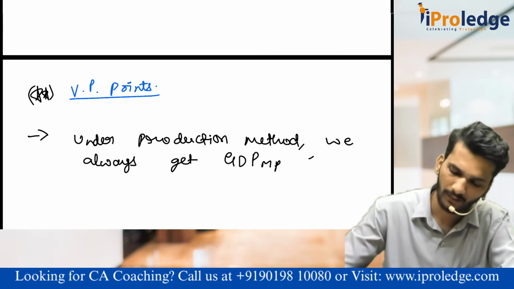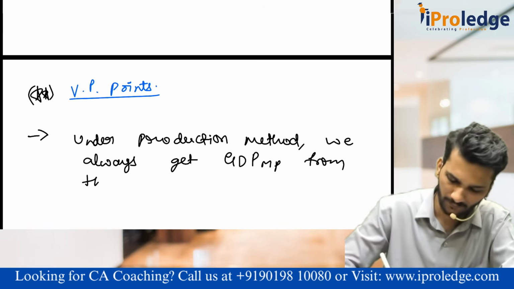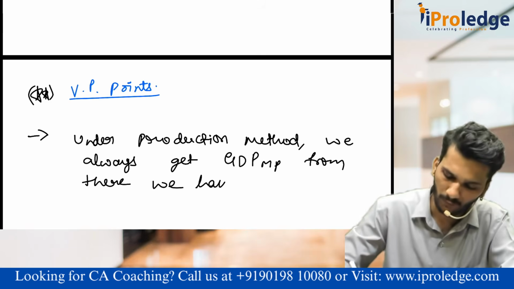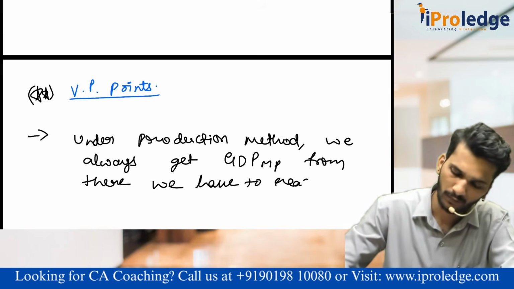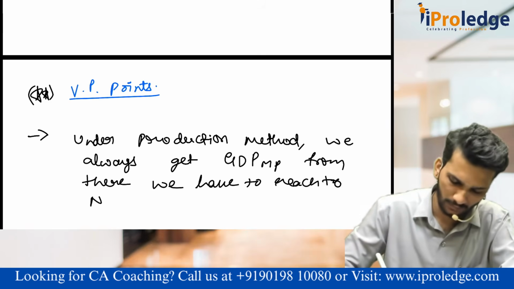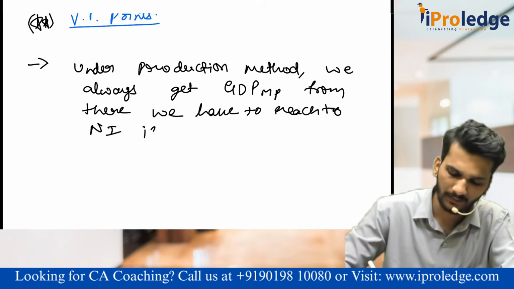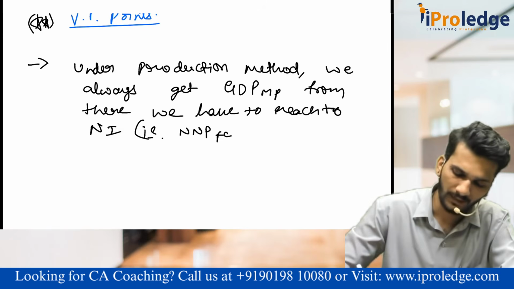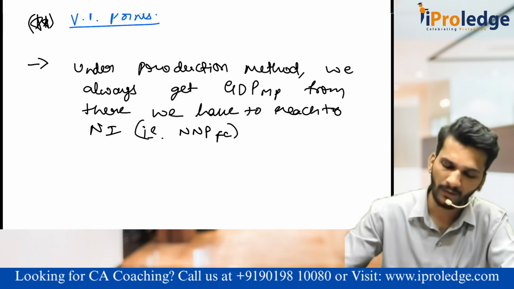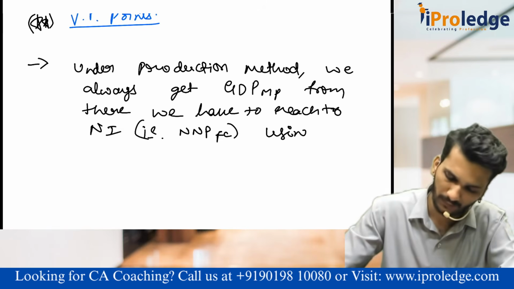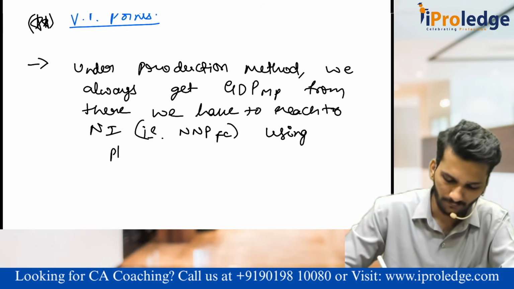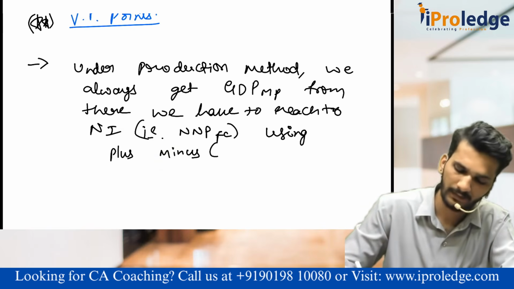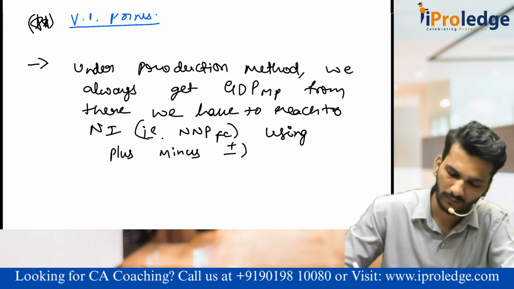From there we have to reach national income, that is NNP at FC, using the plus minus approach.